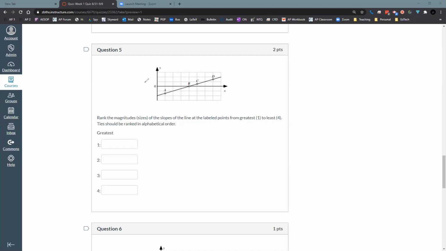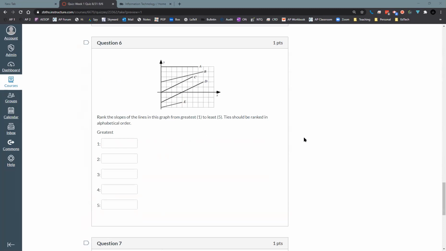If you remember correctly, the equation for a straight line is y equals mx plus b, where m is the slope and m is a constant number. So if all of these are on the same straight line, all of these have to have exactly the same slope because the slope is constant throughout. So your answer here would be A, B, C, D because they are all tied, so it would be in alphabetical order. Moving along to question 6.